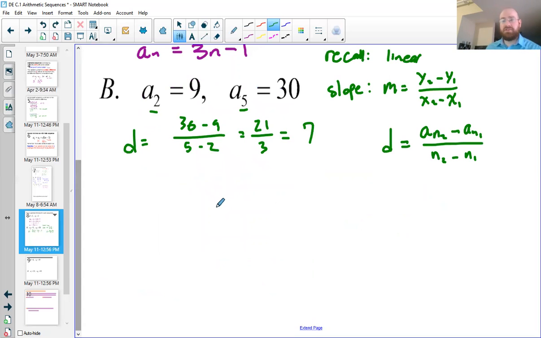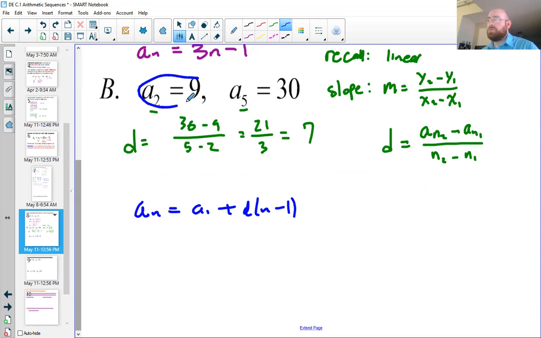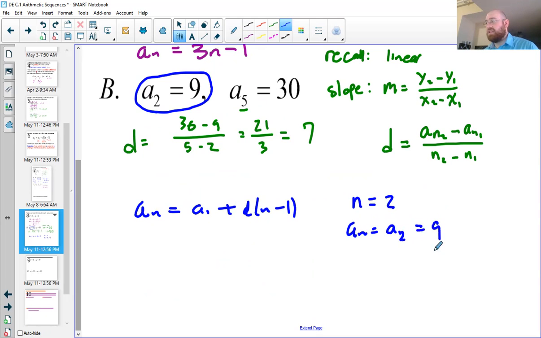So now we have our common difference is equal to 7. We still need to find our first term. So let's recall that our general form is AN equals A1 plus D times n minus 1. And we know something about two terms. So I'm going to arbitrarily pick this term up here. And so here, when n is equal to 2, AN is equal to A sub 2, which is equal to 9.